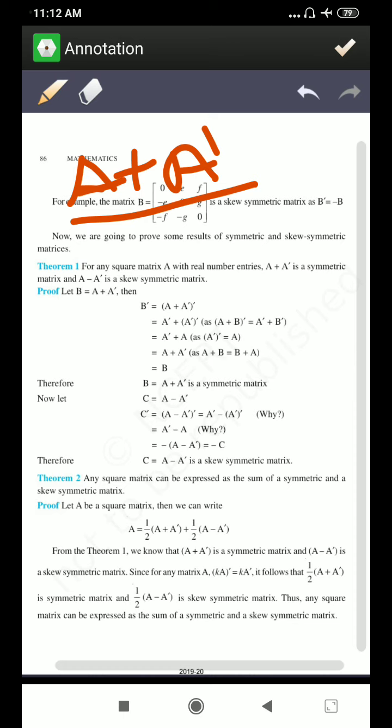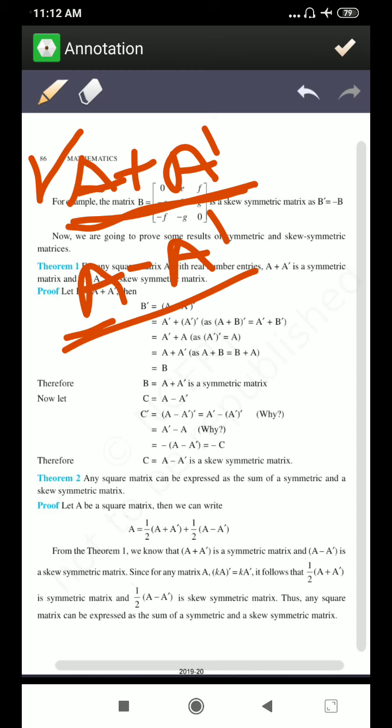And the difference of a matrix and its transpose is always skew symmetric. If any matrix A is given, and you subtract A transpose from it, whatever result you get is a skew symmetric matrix. We'll prove it first.